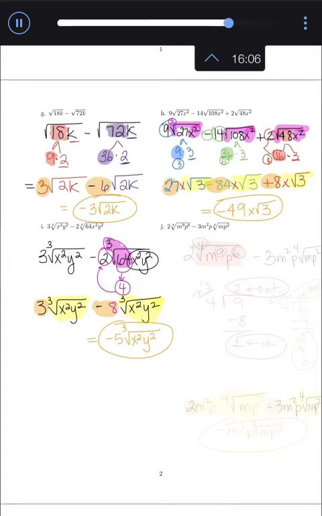Let's look at J. J is very close as well. If we start out with J, we've got 2 fourth roots of m to the 9th p to the 6th minus 3m squared p, the fourth root of mp squared. So what we notice is that this first one has more stuff on the inside of its root.